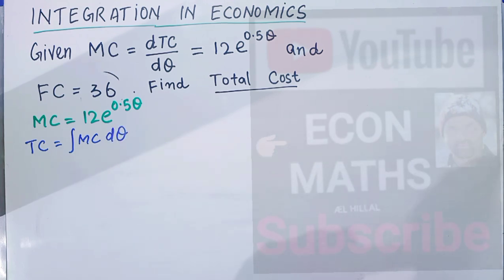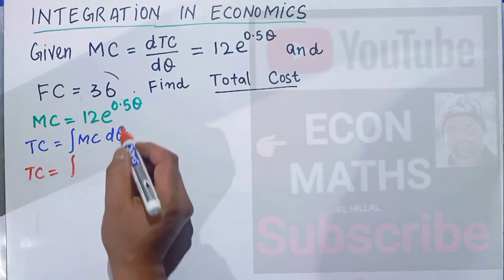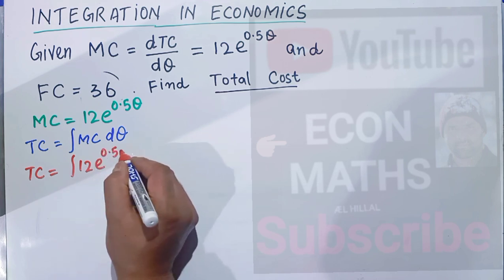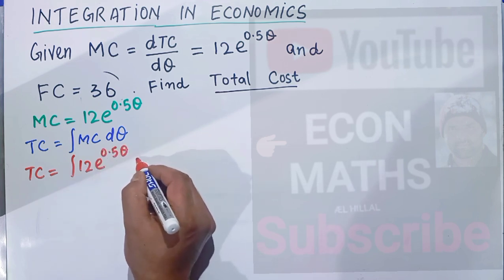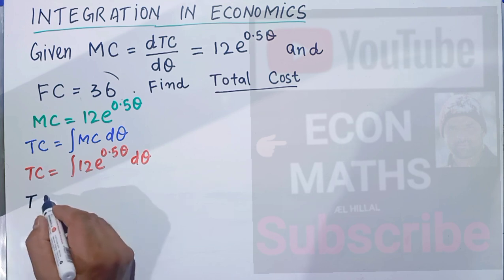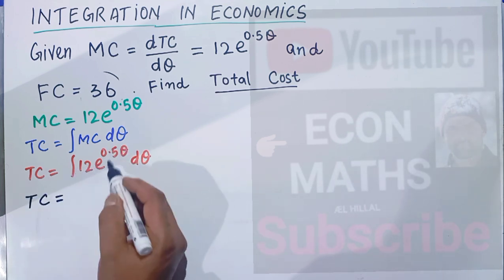That gives us total cost will be equal to the integral of marginal cost, 12 e to the power 0.5q, with respect to output. Now let's take the integral of this very function here.